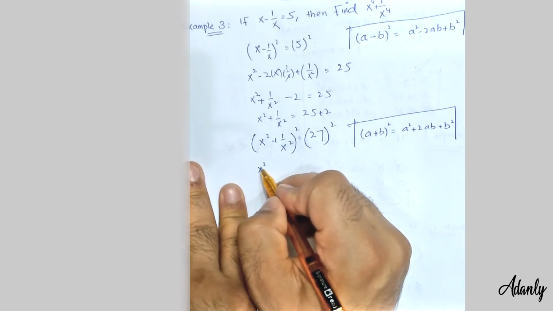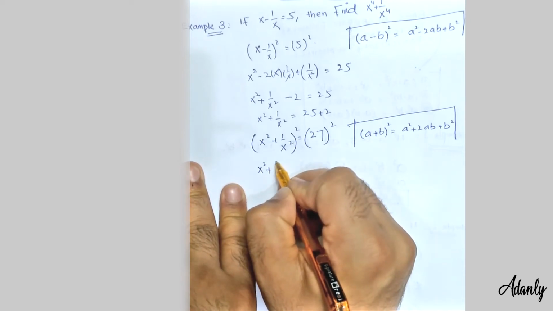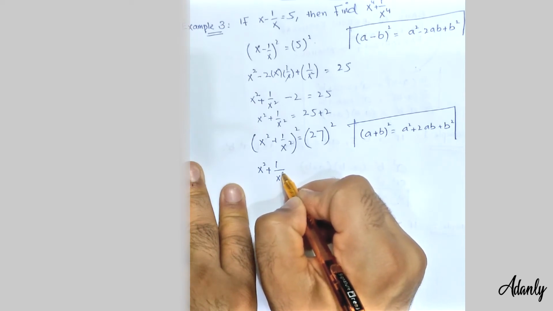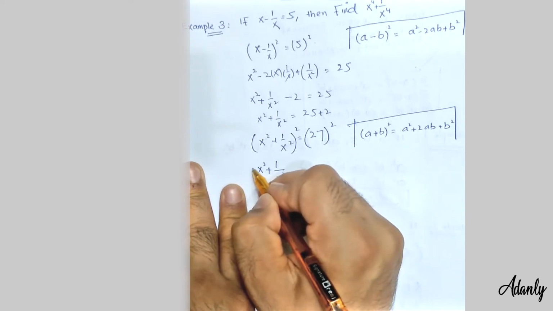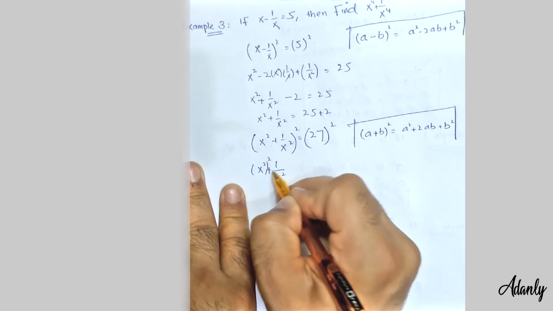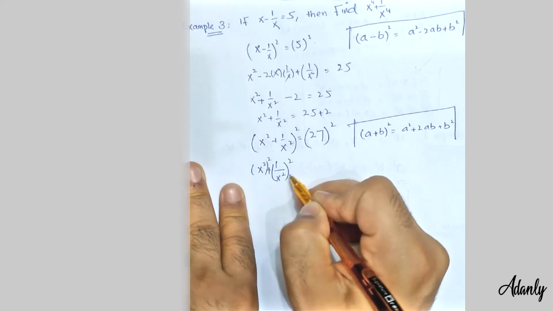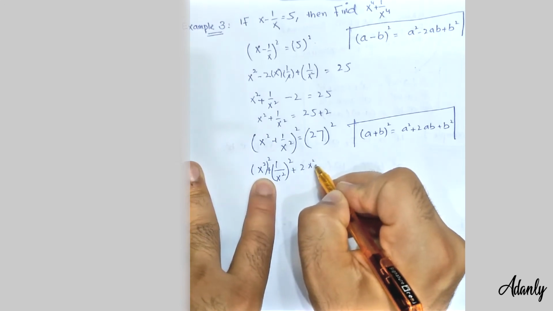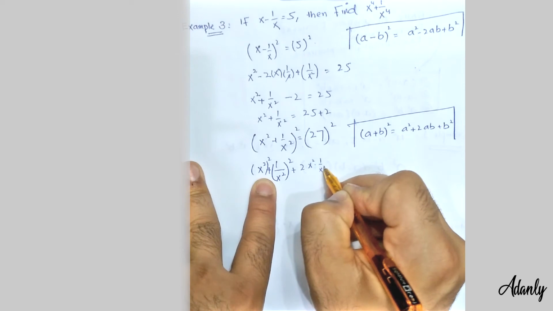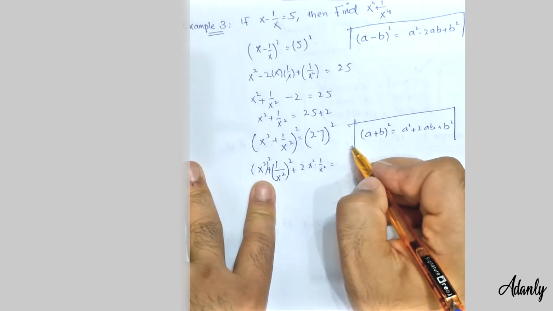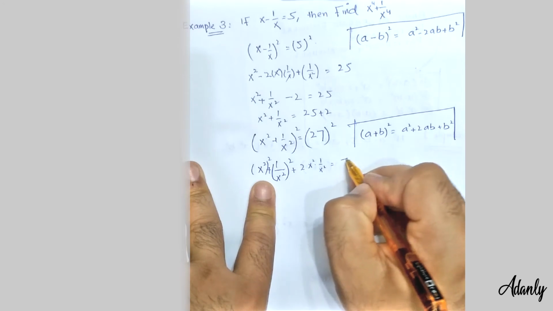All right, x square plus 1 over x square, so it will become whole square now, like this, plus 2 times a dot b equals 27 square gives 729.